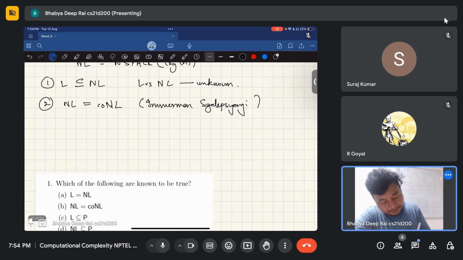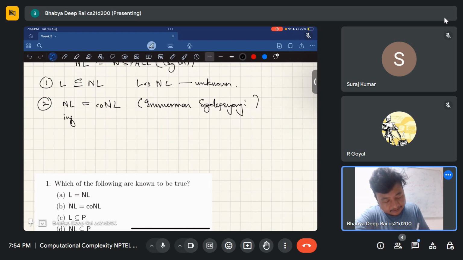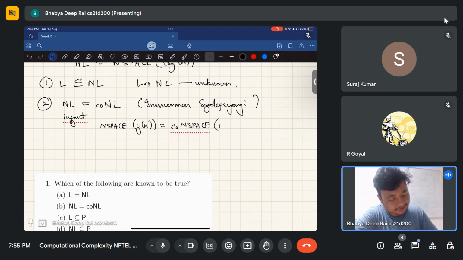In fact, this is true for any NSPACE: NSPACE f(n) is equal to co-NSPACE f(n). I can generalize this to any space bounded class.